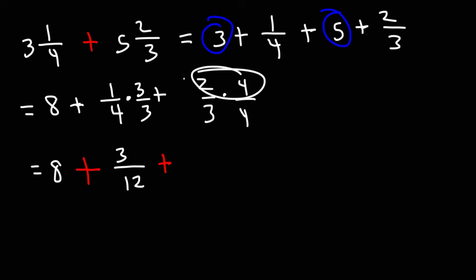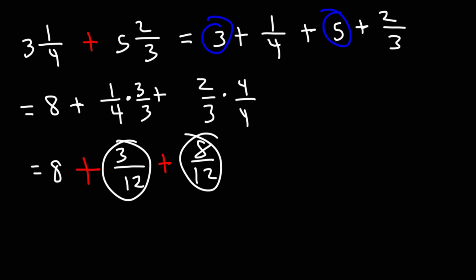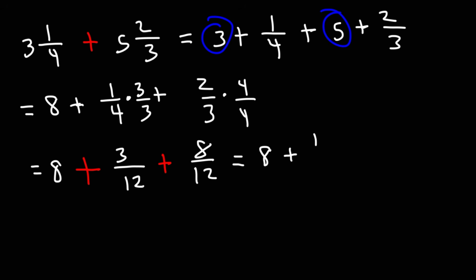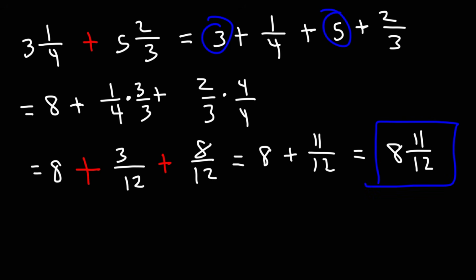And here we have 2 times 4, which is 8, over 3 times 4, which is 12. 3 over 12 plus 8 over 12 is 11 over 12. So thus we have 8 plus 11 over 12. Thus we can write the final answer as 8 and 11/12. So that's how we can add two mixed numbers together.